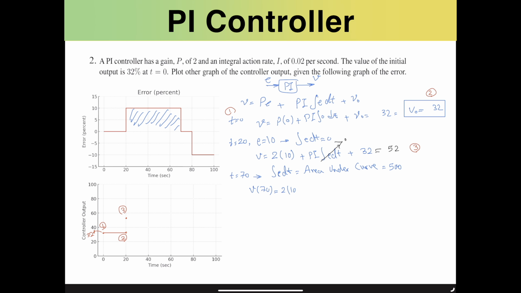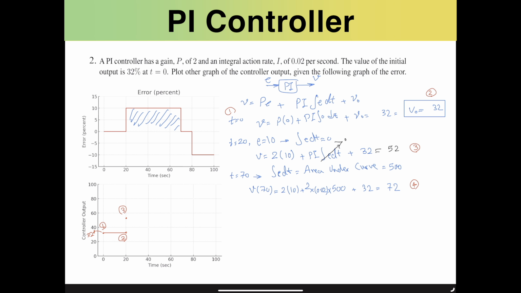So 2 times 10 plus the area under this curve, 500, multiplied by I and P. So I is going to be 0.02 and P is going to be 2, plus the V naught, which is 32. And if you calculate that, you get the value of 72 for this point. So 72 takes us to 0.4.